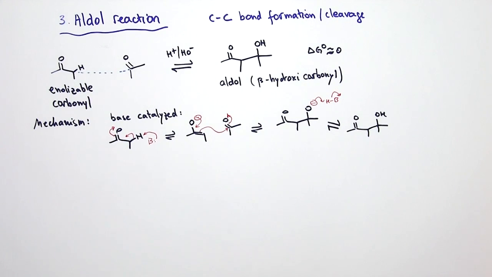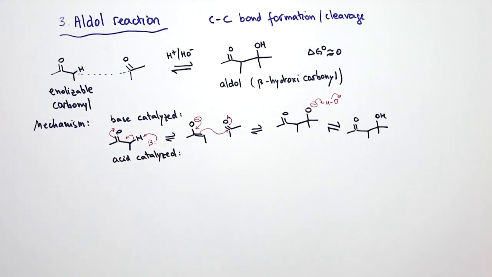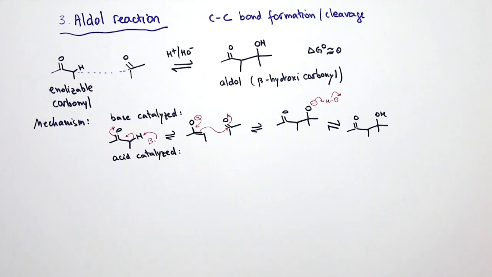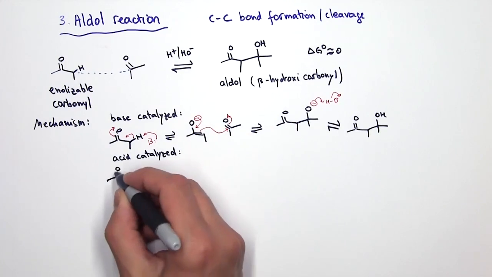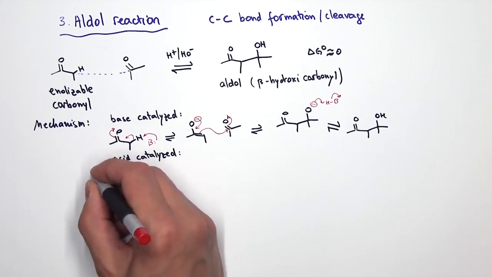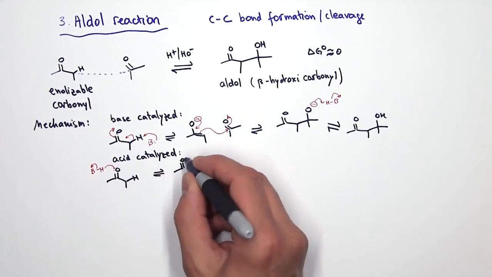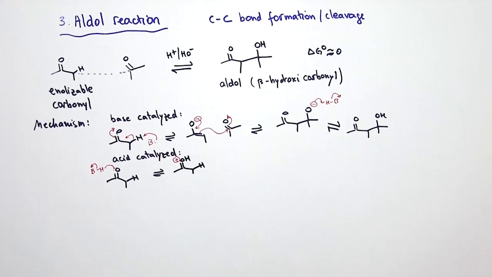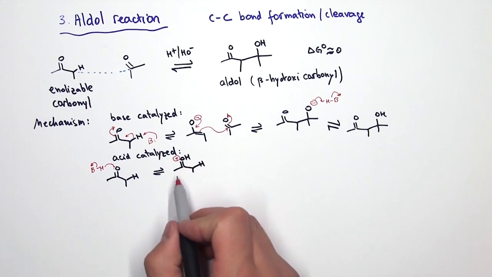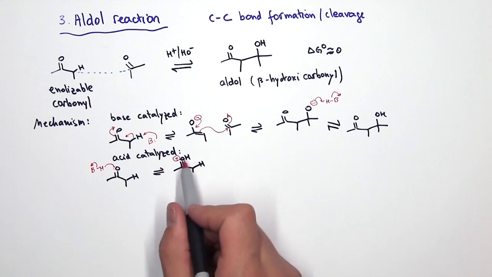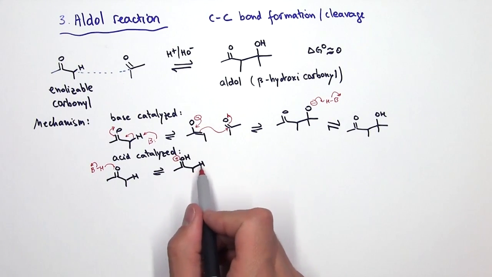The reaction can also be acid catalyzed. Again, formation of the enol in acid catalysis involves first protonation of the carbonyl. Now this activated carbonyl is a much better electron sink and stabilizes the enol formation.